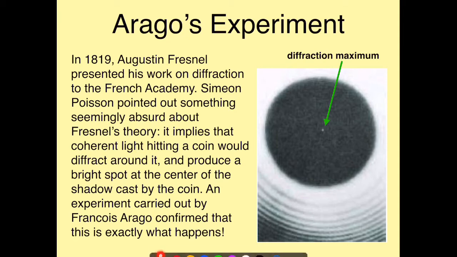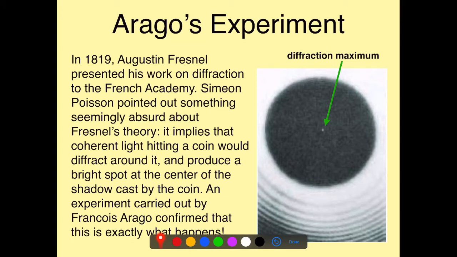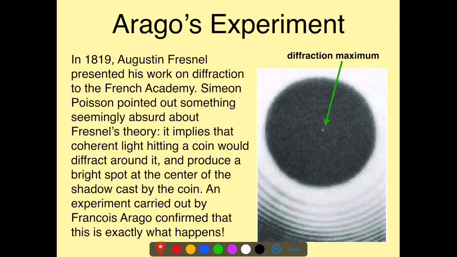But according to Fresnel's theory, at the very center of that shadow, there should be a bright spot, okay? In other words, there's a shadow and then a bright spot at the very center of that shadow. Poisson thought that that was absurd and it had to be wrong. But there was a third person in the audience named Arago who said, well, let me actually try that experiment out and let's see if it actually works that way.